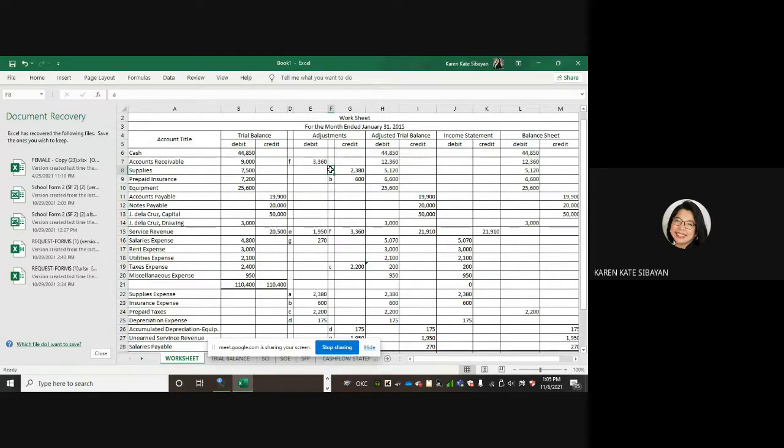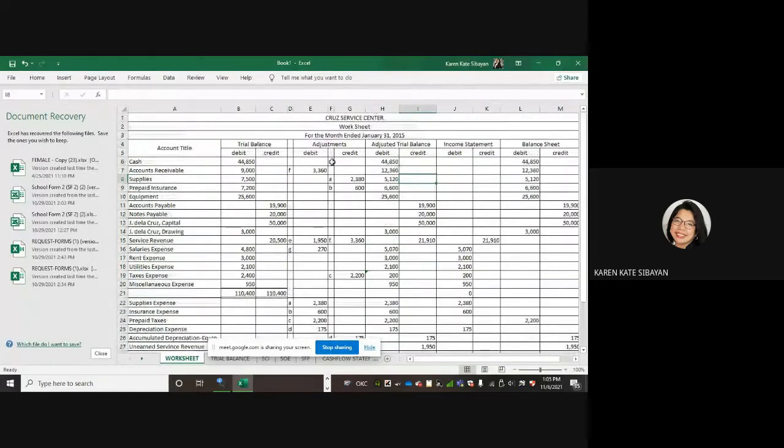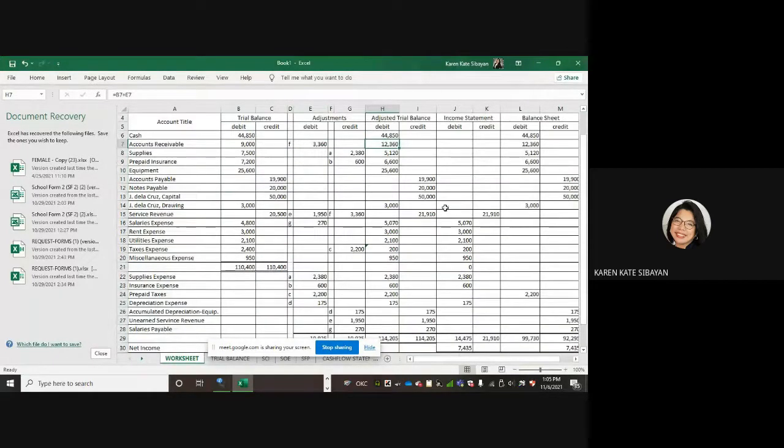Then afterwards, you have your adjusted trial balance. I think I already taught you how to come up with your adjusted trial balance, okay? So you just carry over. If there is the same debit side here and in the adjustment, you just add, just like this one. Right? So back to topic.